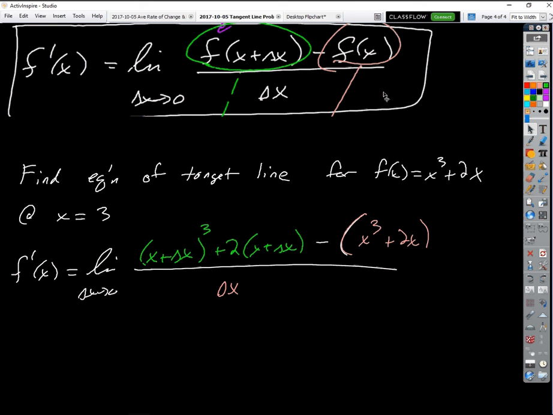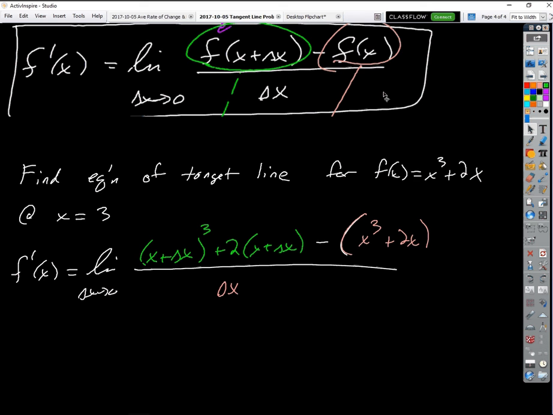We want to start general and get specific. So this is the general form, but since we are given a specific function, we've got to take the general form and write it in terms of our function. You told me yesterday that f of (hand) was (hand) cubed plus 2 (hand). So if the input is x plus delta x, then there's the pattern.